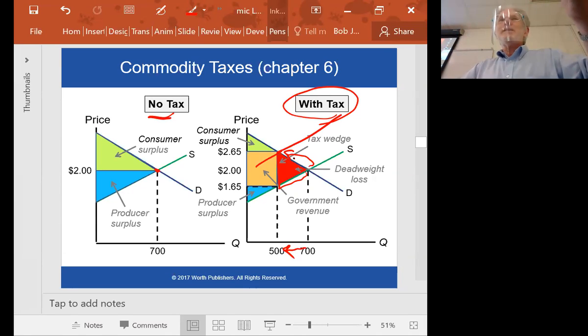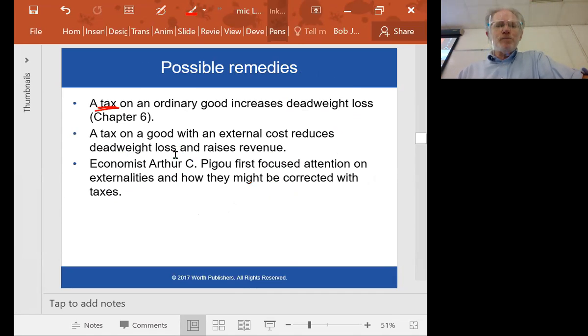But now we're going to see that in a situation where you have a negative externality or an external cost, a tax can actually be beneficial. A tax on a good with an external cost reduces the deadweight loss and raises revenue. And these are called Pigouvian taxes because they're named after an economist named Pigou.